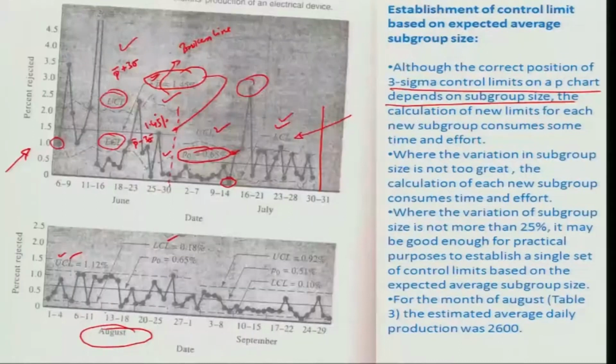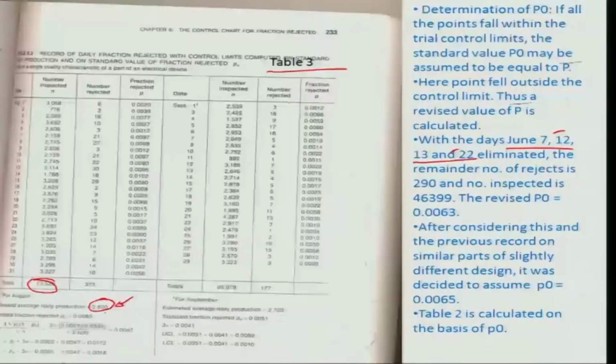But now, because you want to straighten out the UCL and LCL, instead of these varying subgroup sizes on a daily basis, we are using the average production, which is 2600 on a daily basis, and that helps you to calculate the fixed set of UCL and LCL in this particular case, which is 0.0112 and 0.0018. This is a very critical decision-making aspect for the management.